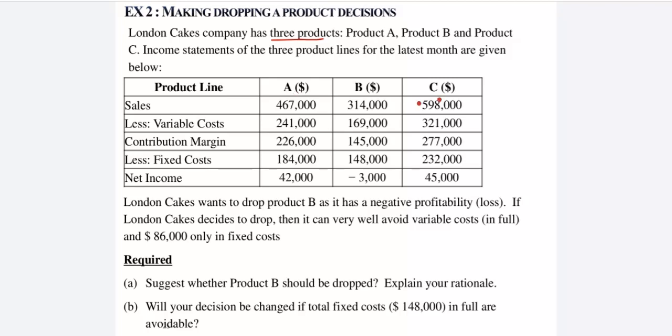Look at the 3 products A, B, C. The net income here is positive, so this is profit or income. This is negative 3000. This is a loss. So product B is making what? A loss. How did I know? Of course the number is negative. Product C is making what? Making profit. So profit, loss, profit.